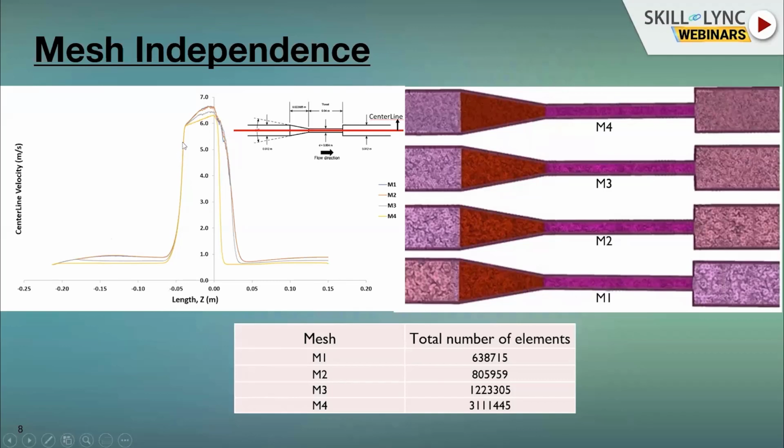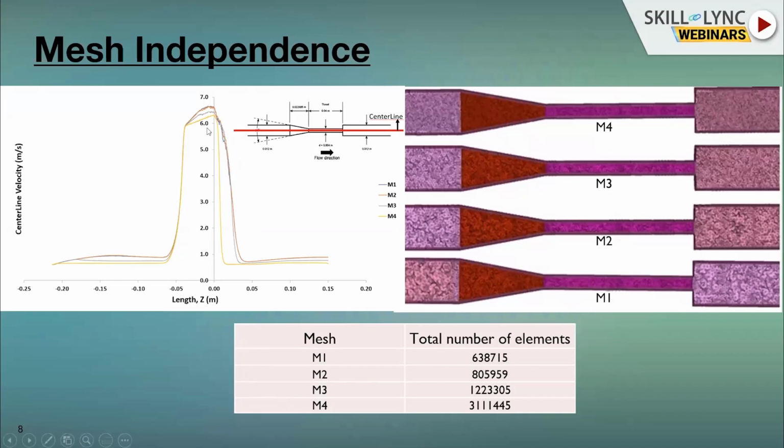One thing you can observe here is that for all the four meshes, you are not seeing a consistent velocity pattern. You see the difference here, here, and here. For each mesh, we are getting a different velocity profile along the center line.